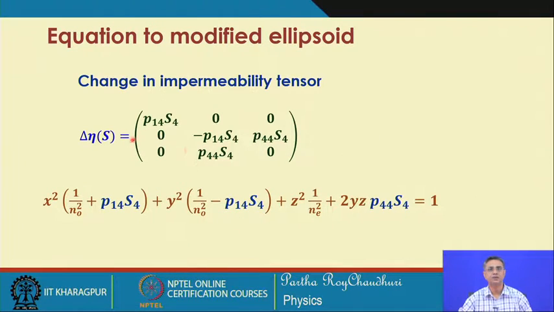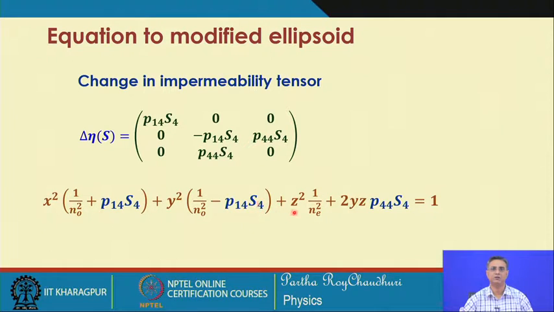So, we can write from here the index ellipsoid in this form: x squared by 1 upon n_o squared, which is the original refractive index, plus this, and 1 by n_o squared minus this quantity, and these two will go to the off-diagonal to form this cross term, that is y into z multiplied by this, which is also very simple and straightforward.